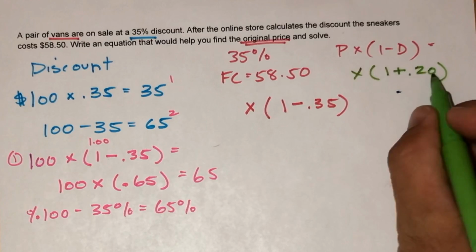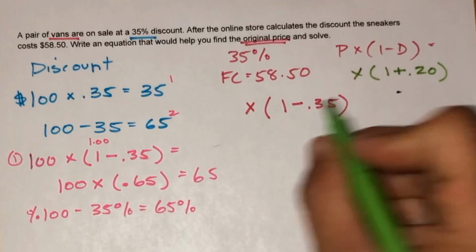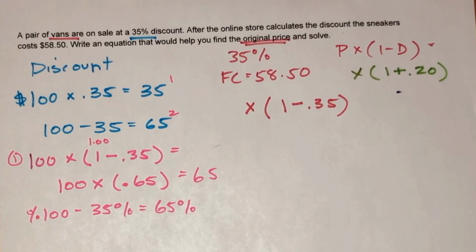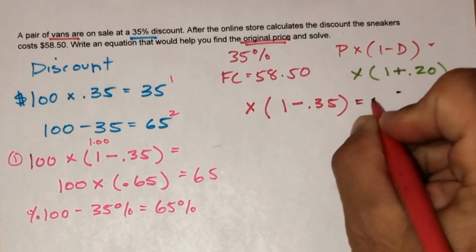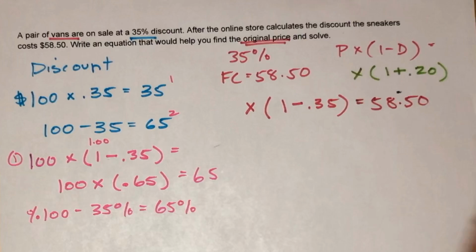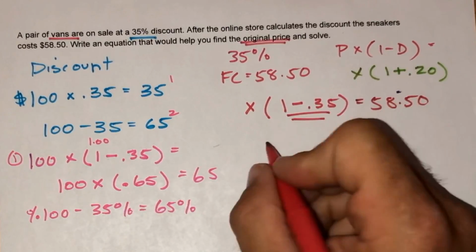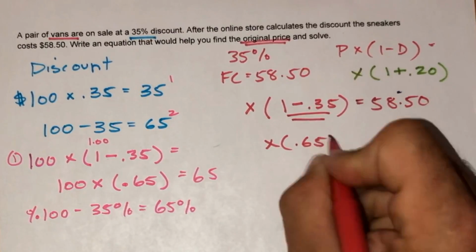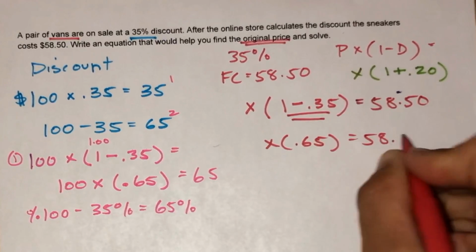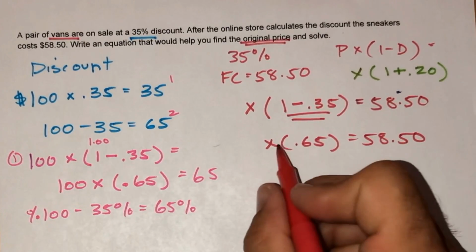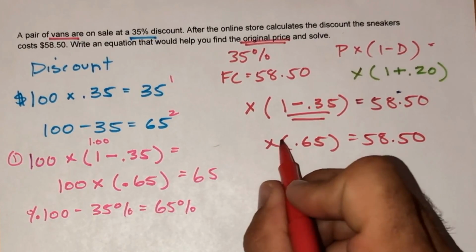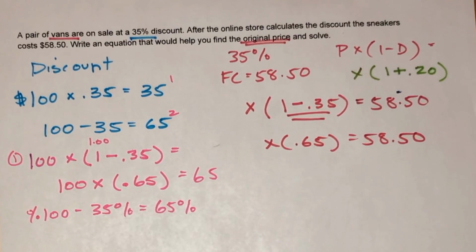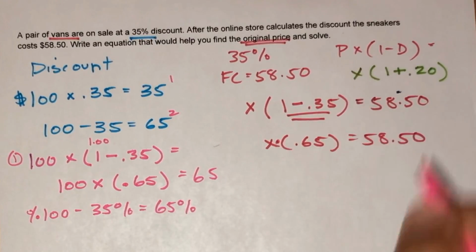An increase, you would add to the 100%. Decrease, you're going to subtract from it. And we know that this equals $58.50. So let's do our parentheses. Let's recognize that a variable next to a parentheses is in fact multiplication.